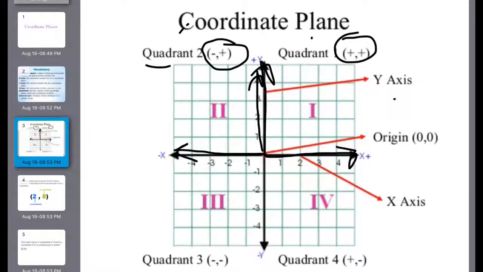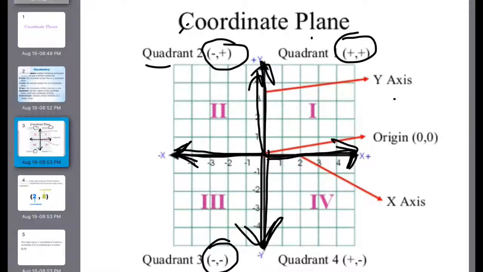In quadrant 3, you are going to the left, which is negative, and down, which is negative. So all of your points in quadrant 3 will be negative, negative. Both numbers will be negative. In quadrant 4, you are going to the right, positive, and then down, negative. So your points in quadrant 4 would be a positive number and a negative number.